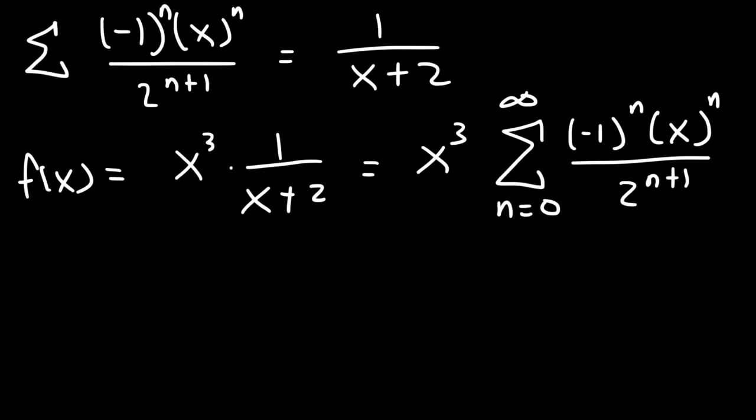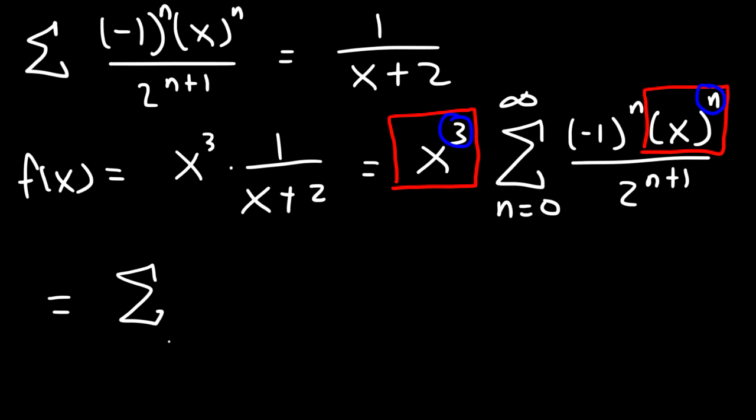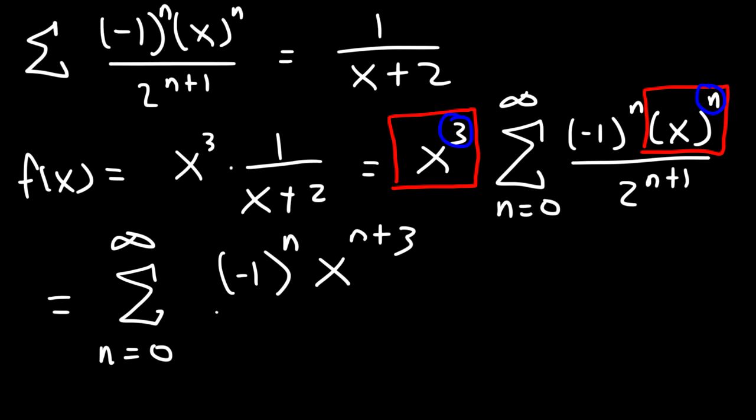At this point, all we need to do is multiply x cubed by x to the n. And so we're going to add 3 plus n. So we're going to get the power series from 0 to infinity of negative 1 to the n times x raised to the n plus 3 divided by 2 to the n plus 1.